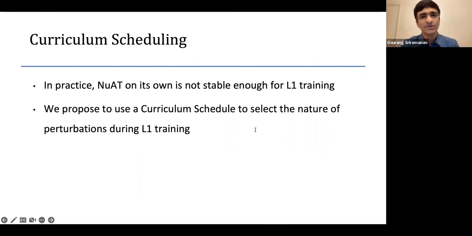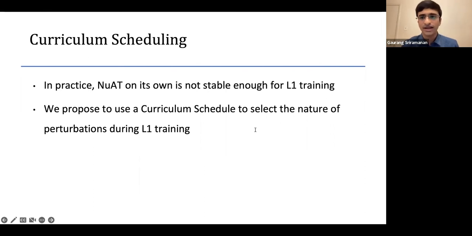However, we observe that these complex curricula require additional fine-tuning of hyperparameters, which is not great. We also find that these values are sensitive to the particular threat model which is used, say L1, or even L infinity; these values change quite a bit and result in suboptimal robustness if not tuned correctly.